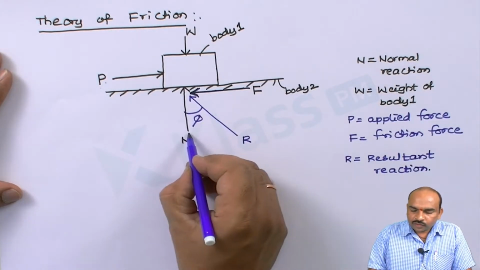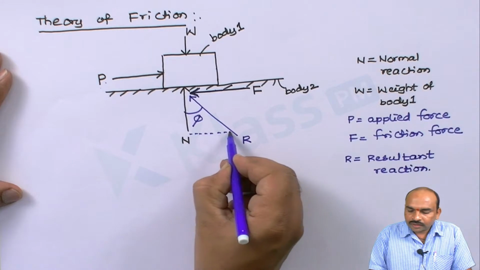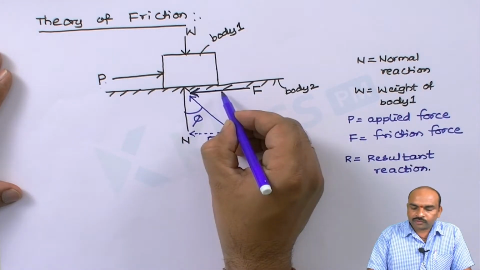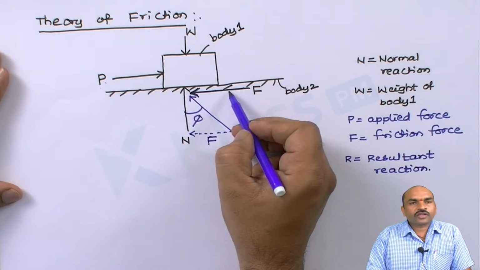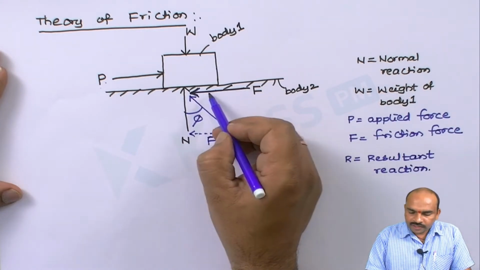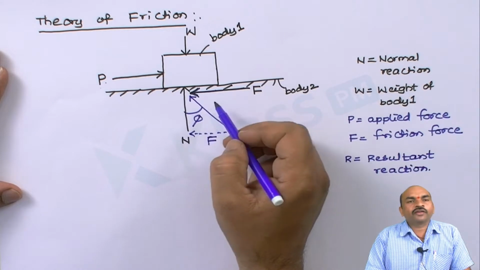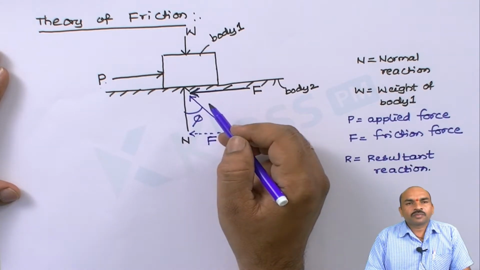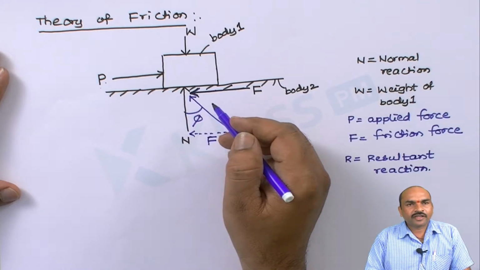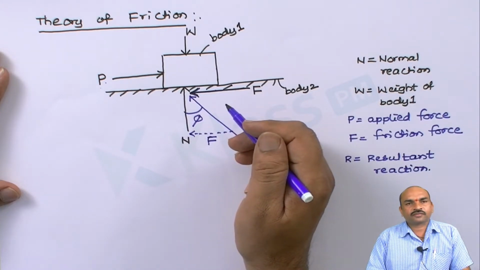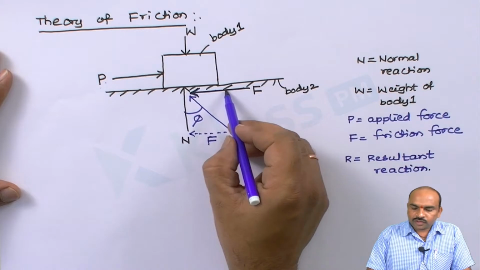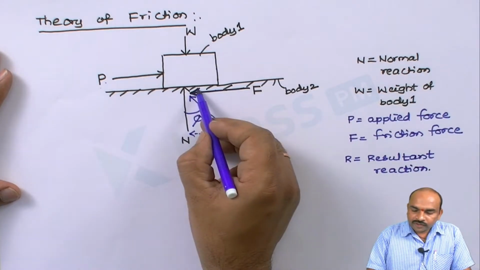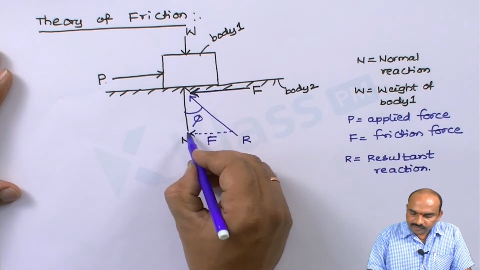Parallel to this, I can also mark the friction force F here, because a force in the same direction can be marked anywhere as per the principle of transmissibility we have seen in previous lectures. You can mark it here or here without changing its direction.